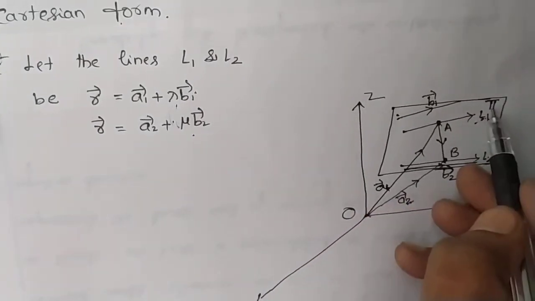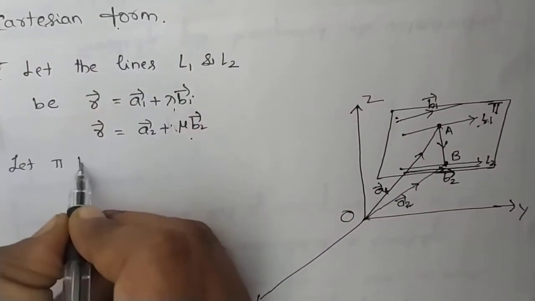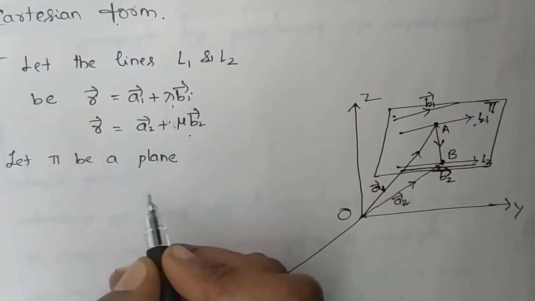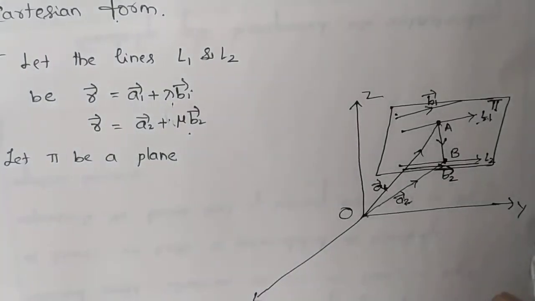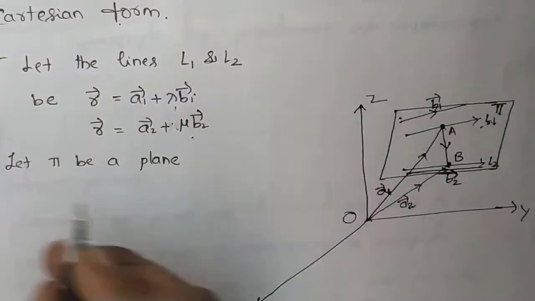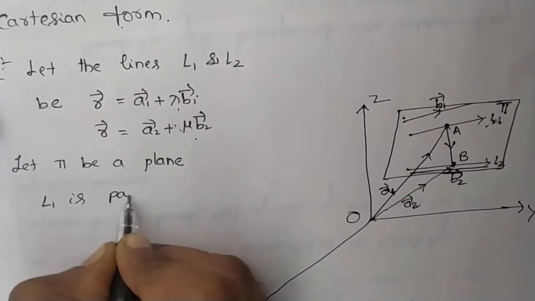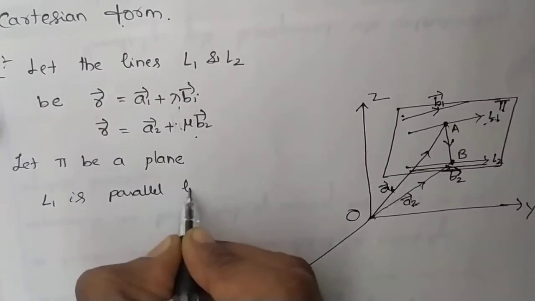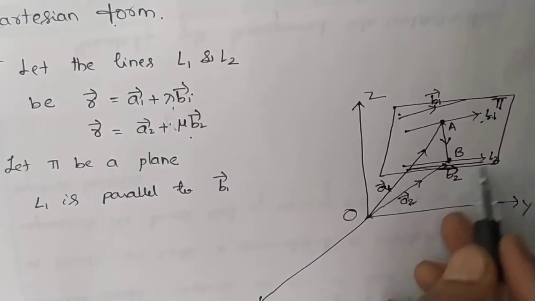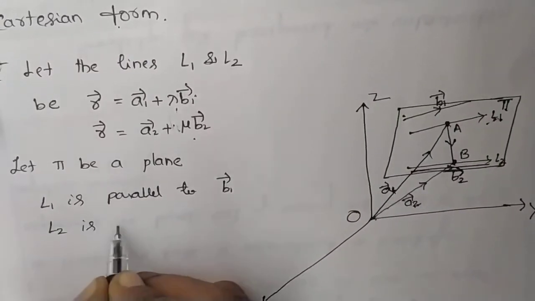Now, let pi be a plane. This line L1 is parallel to the vector B1. Similarly, this line L2 is parallel to the vector B2.